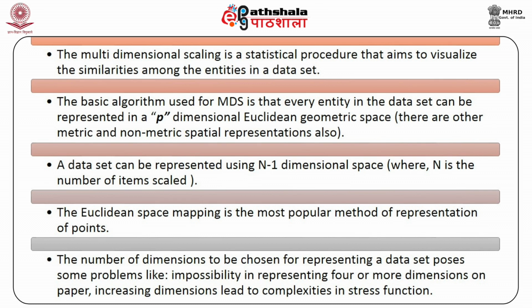A dataset can be represented using n-1 dimensional space, where n is the number of items being scaled. The Euclidean space mapping is the most popular method of representation of points in MDS. The number of dimensions to be chosen for representing a dataset poses some problems, like impossibility in representing 4 or more dimensions on paper, or increasing dimensions lead to complexities in the stress function. We shall explore these points in the coming sections again.